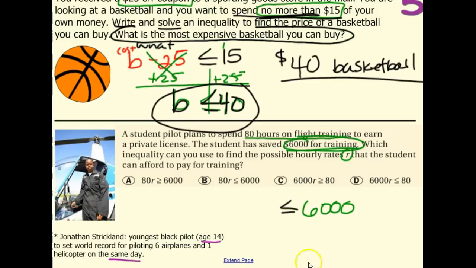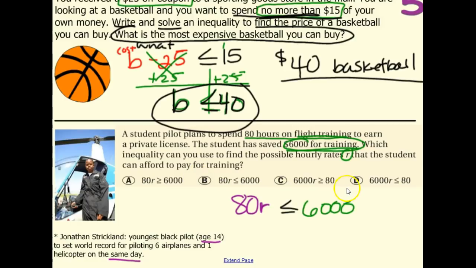Well, what has to be less than or equal to? Well, we're spending 80 hours on our training. 80 hours, we don't know how much it costs, so we can multiply the number of hours by the cost to tell us what it would cost total. And that number here, the number of hours times the cost, would have to be less than or equal to $6,000 because that's all we have to spend.